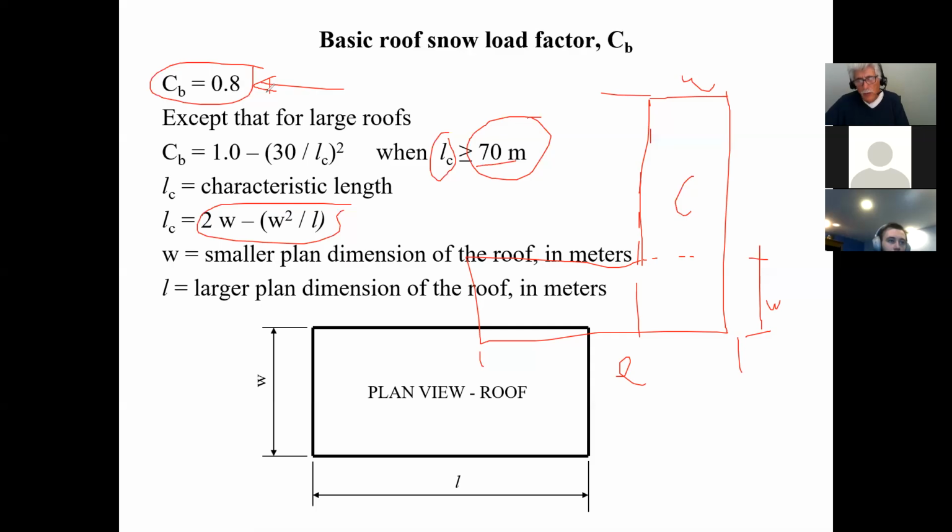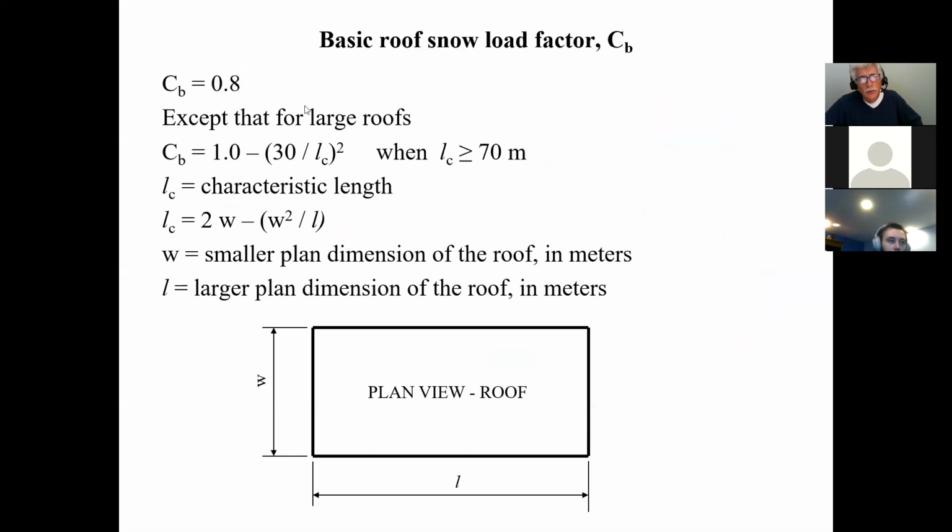It's only when you get into very big buildings, like warehouses, exceeding 70 meters by 70 meters, that this will be a factor to worry about. Otherwise, it's usually always 0.8. But anyway, we're going to do the calculation to make sure that we can use 0.8.